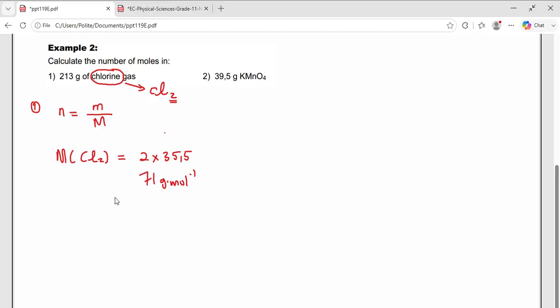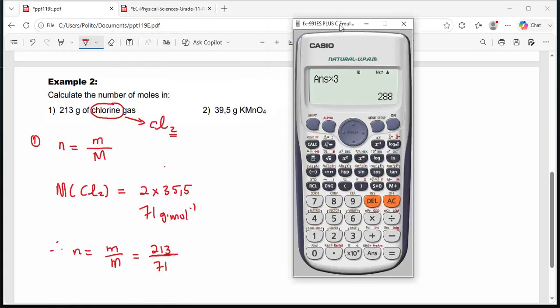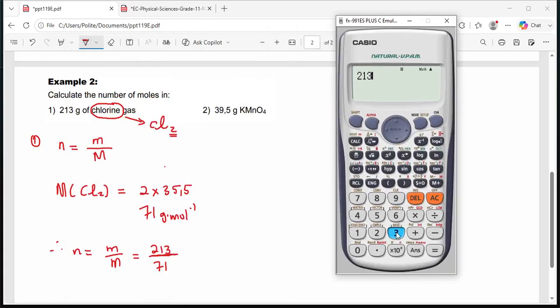We are looking for what? The number of moles. Where there's M, we need to substitute 213. Therefore, n will be small m over big M, which gives us 213 divided by your molar mass of 71. Then punch that on the calculator. Let's see how many times 71 goes into 213.